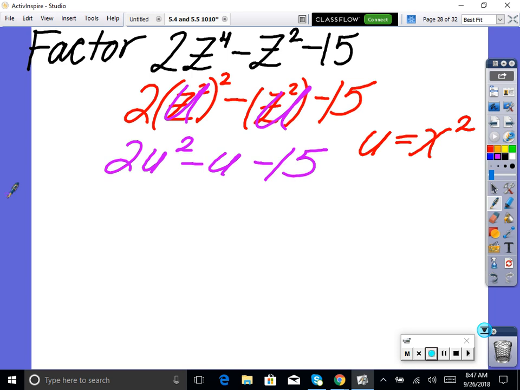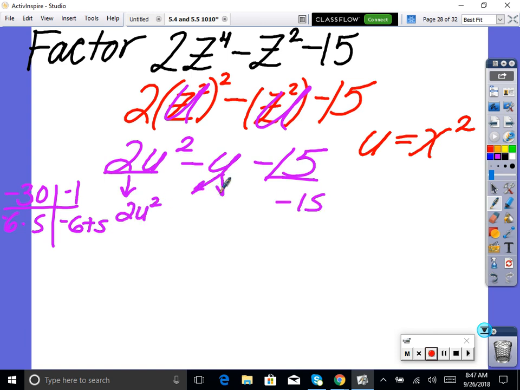It multiplies to be negative 30 and adds up to be negative 1. 6 times 5, negative 6. Then we'd have to long factor because our leading coefficient's 2. So we drop 2u squared, drop down negative 15, and break. That middle term becomes negative 6u plus 5u, factoring by grouping.